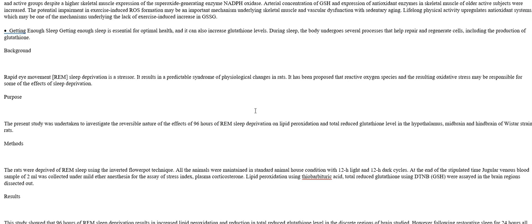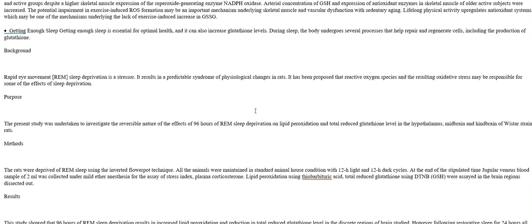Getting enough sleep is essential for optimal health, and it can also increase glutathione levels. During sleep, the body undergoes several processes that help repair and regenerate cells, including production of glutathione. Sleep deprivation is a stressor. It results in a predictable syndrome of physiological changes in rats. It has been proposed that reactive oxygen species and the resulting oxidative stress might be responsible for some of the effects of sleep deprivation.